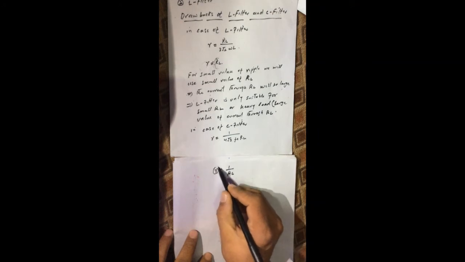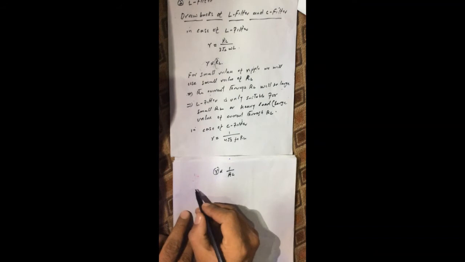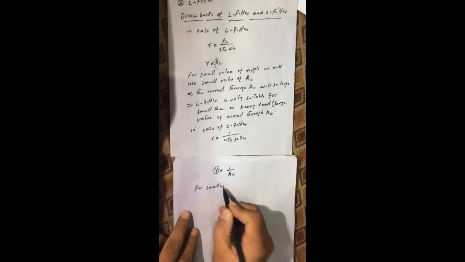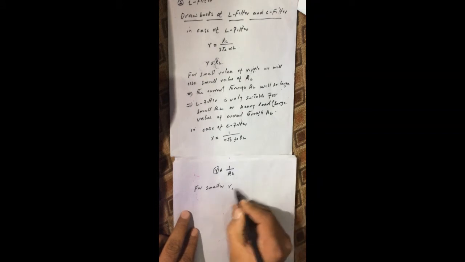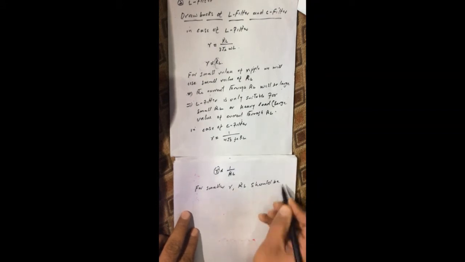To get a smaller value of gamma, the ripple factor, we have to use a large value of load resistance. For smaller gamma, RL should be large.